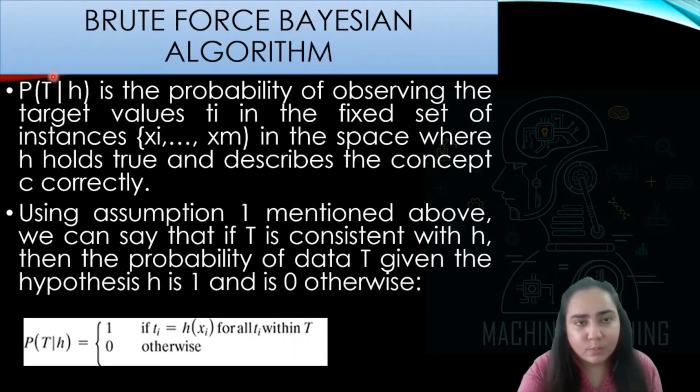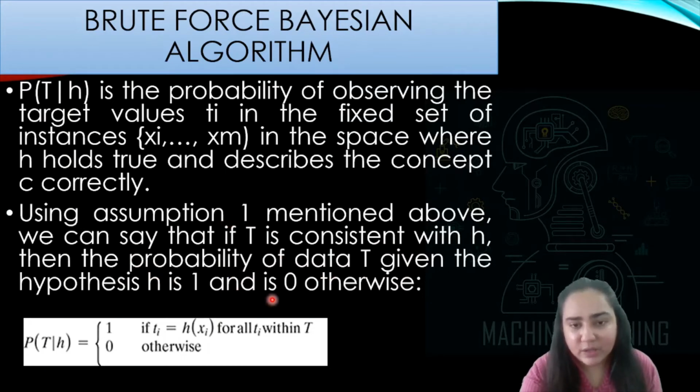So now, what is this P of T given h? It is the probability of observing the target values ti in the fixed set of instances x1 up to xn, in the space where h holds true and describes the concept C correctly. And if you use the assumption 1, so there were 3 assumptions, if you use the first one, you can say that if T is consistent with h, then the probability of data capital T, given the hypothesis small h is 1.